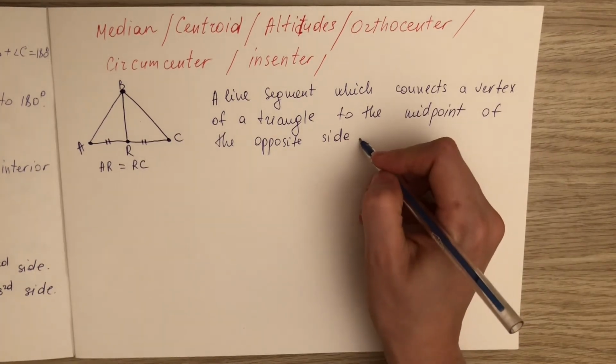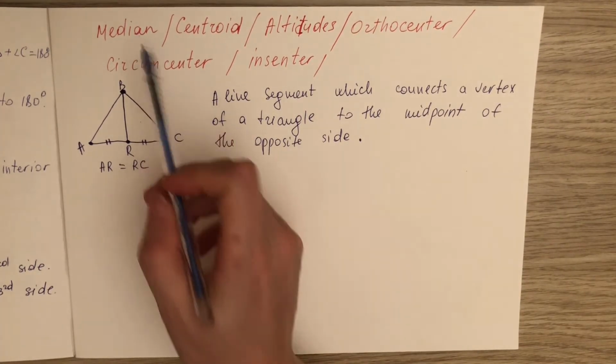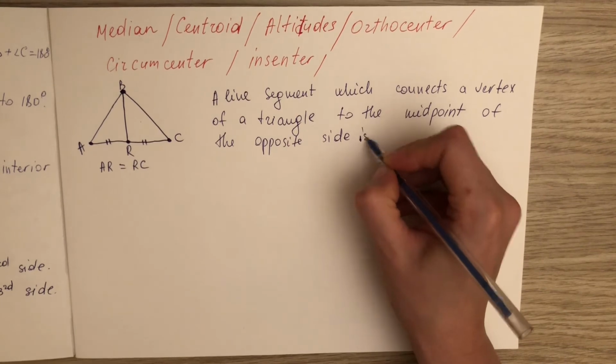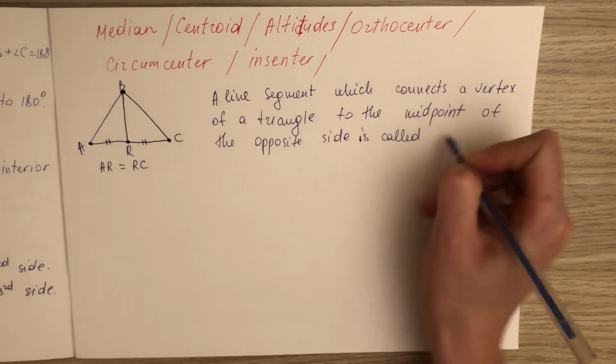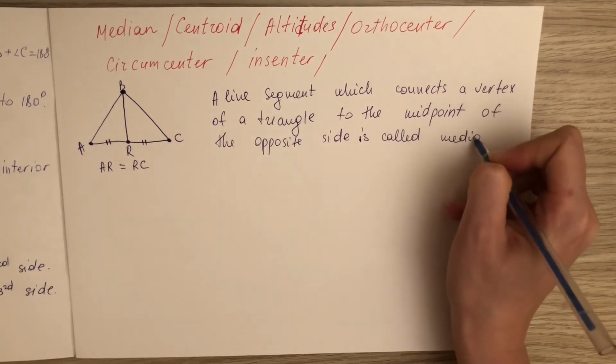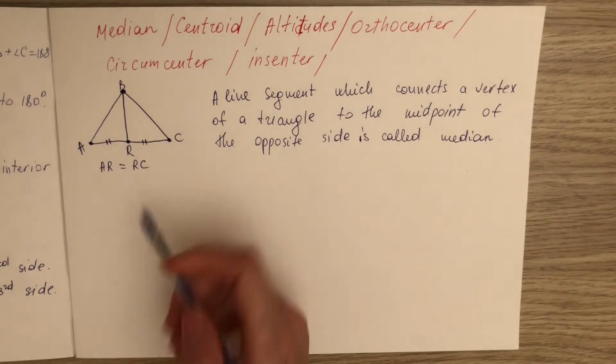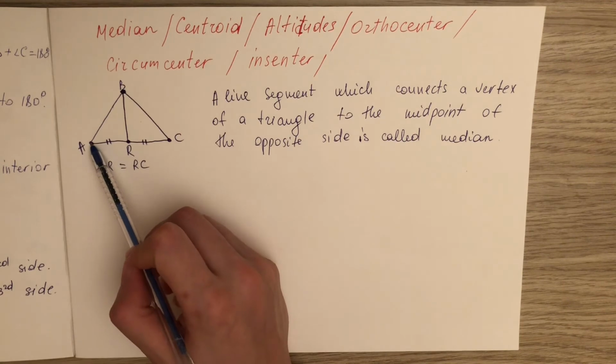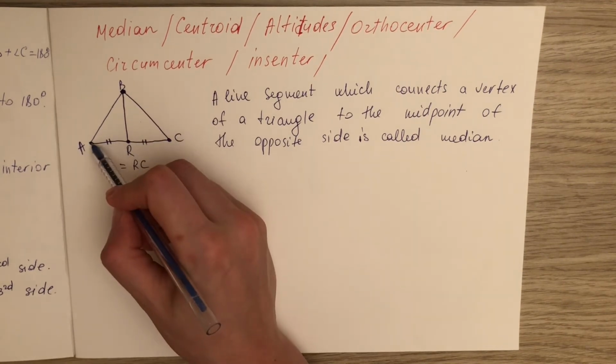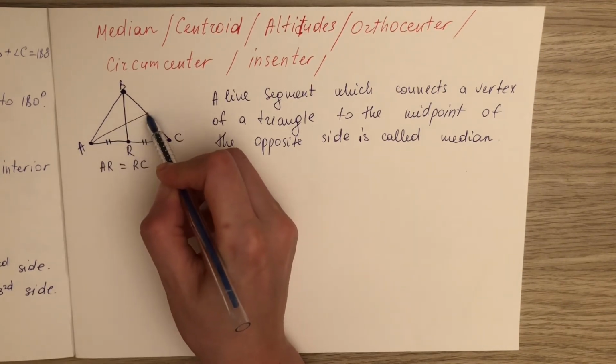Okay, as you see, we can connect this vertex with the opposite line here.